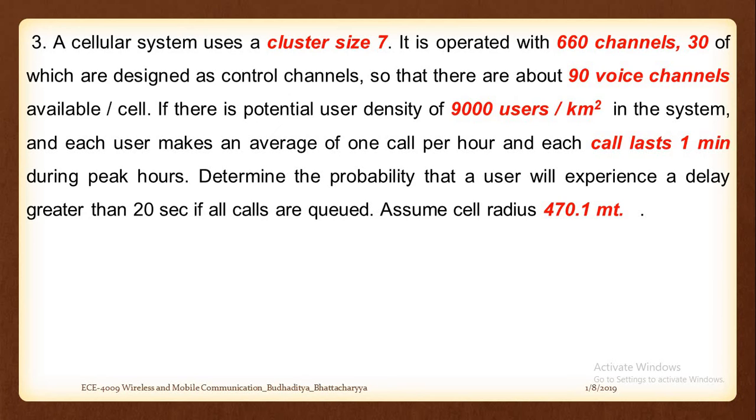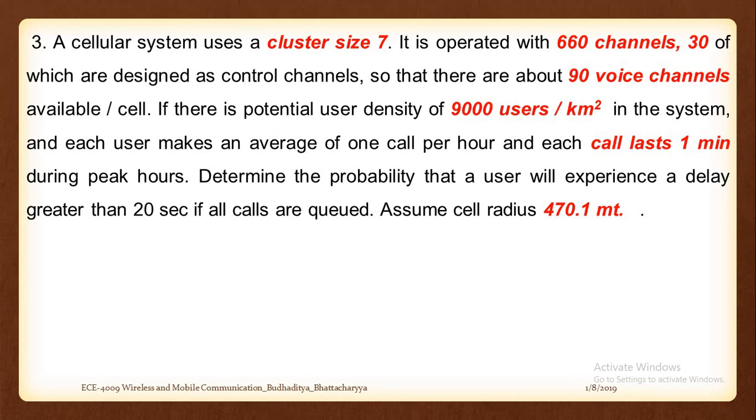You have a cluster of 7, total number of channels given, total number of users given, and lambda and h also given. So the question is to find the probability of a user experiencing a delay greater than 20 seconds.